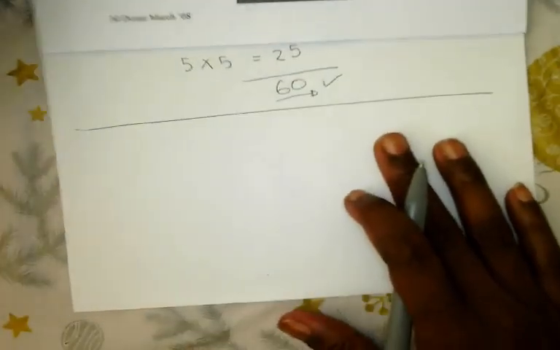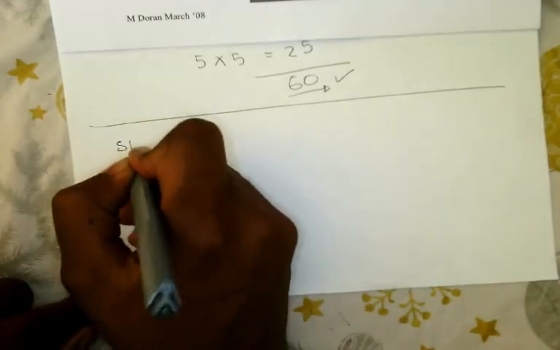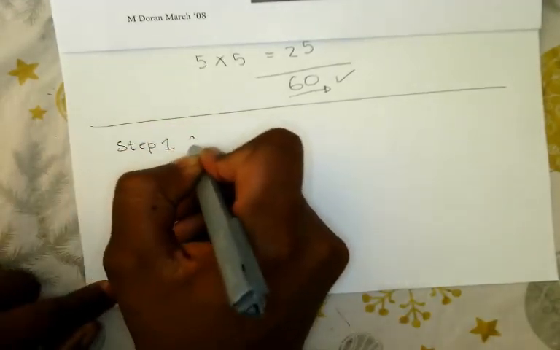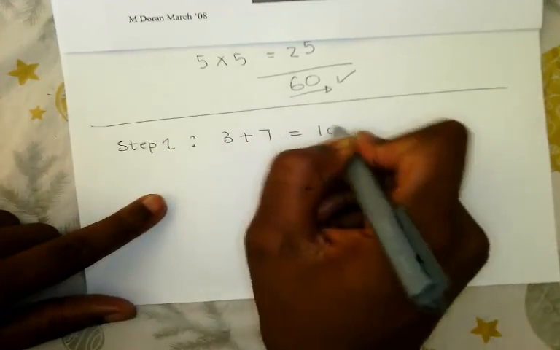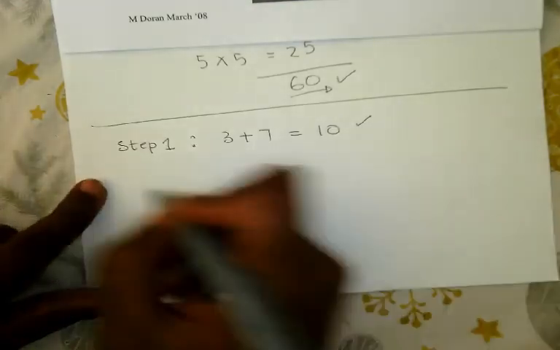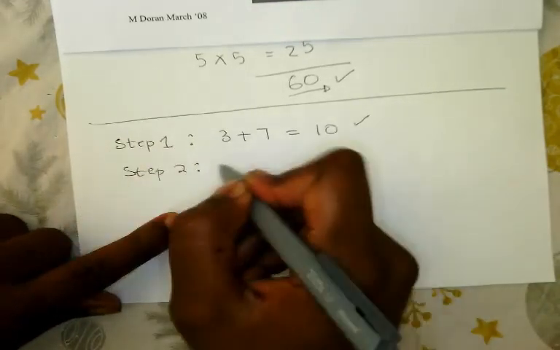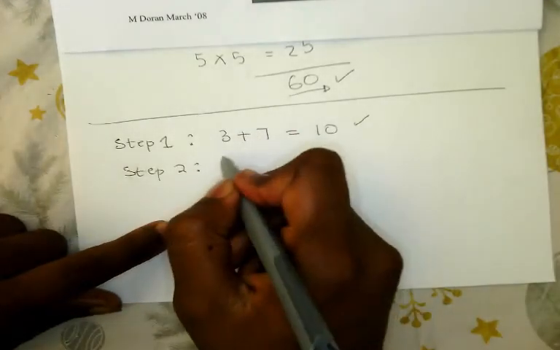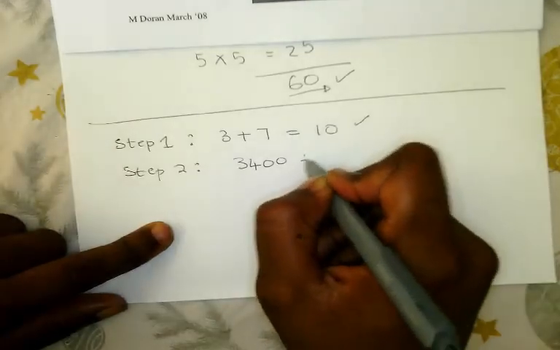I'm going to do the other method. Step 1, we're going to add our ratios. 3:7, which is 10. Is that fine? Then step 2, divide. Divide the money they invested. So they put 3,400. I'm going to divide this by 10, and I get 340.